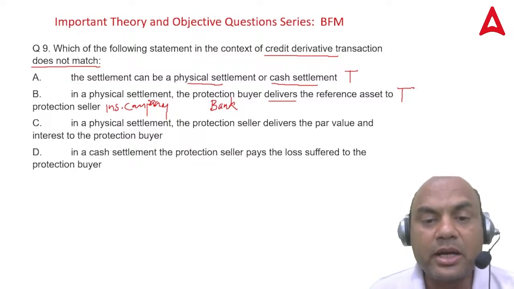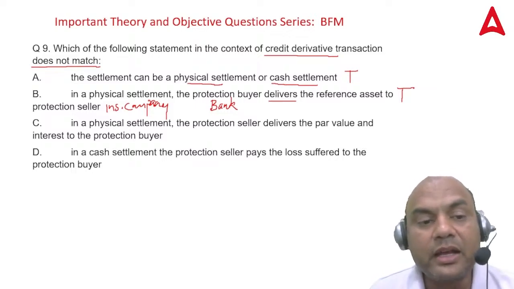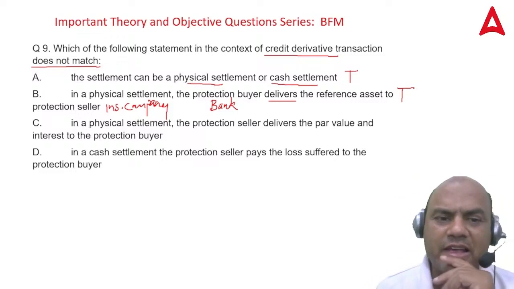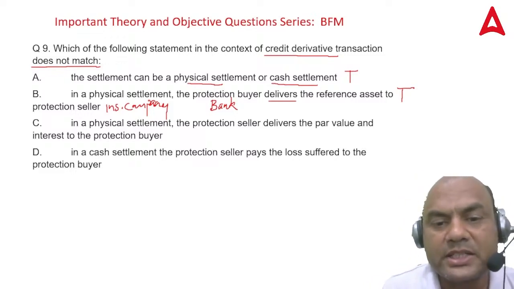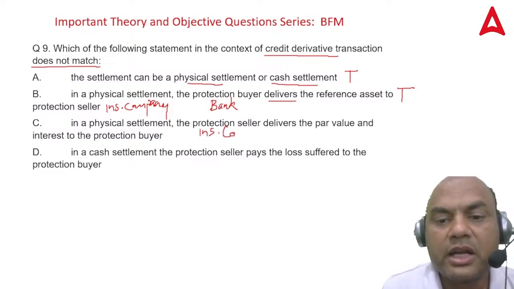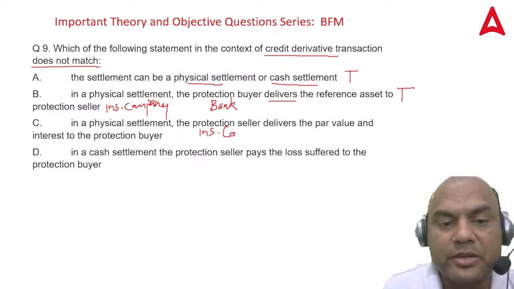In physical settlement, protection seller delivers the par value and interest to the protection buyer. What is all this? Who is the protection seller? Insurance company. Insurance company delivers the par value and interest to the protection buyer, that is bank.